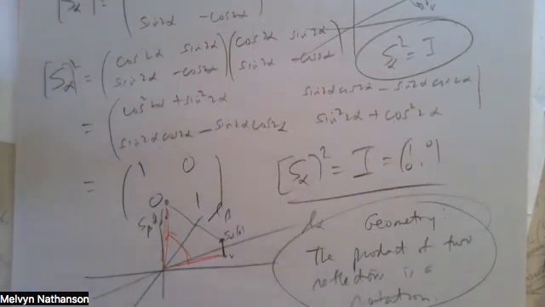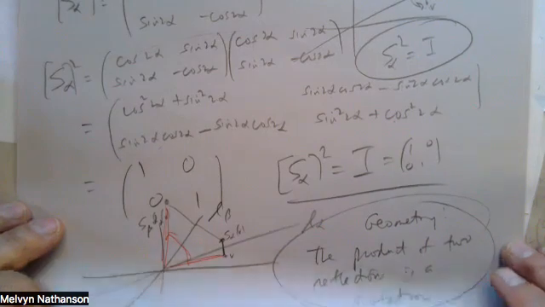That's not usually something they teach you when you're learning elementary geometry, but it's something that comes out very easily from the linear algebra approach to these geometrical actions. Okay. Any questions about that?